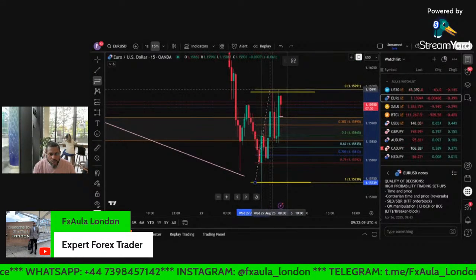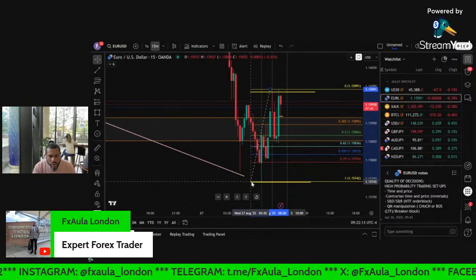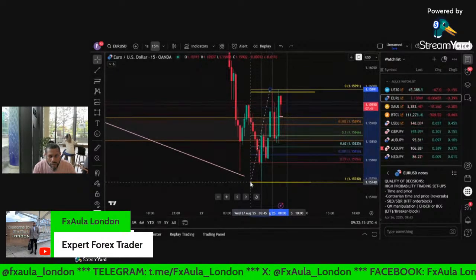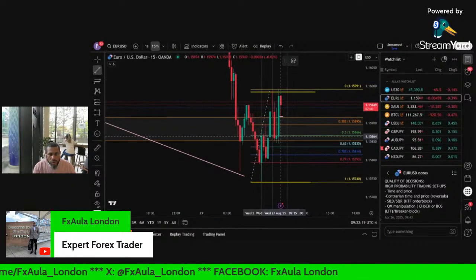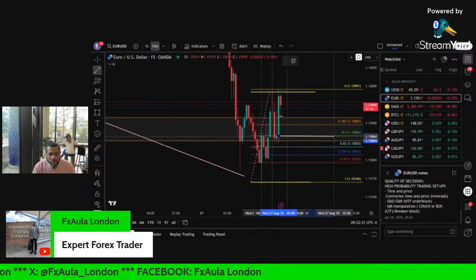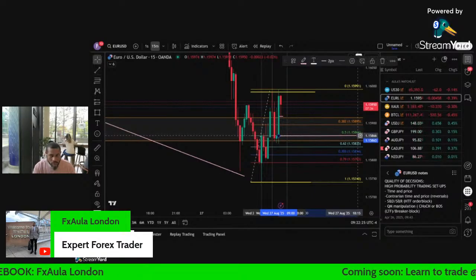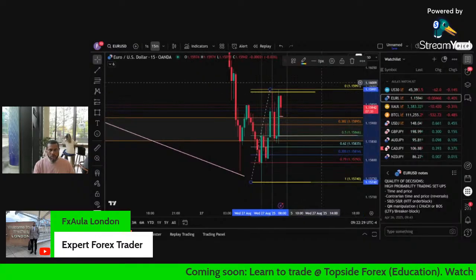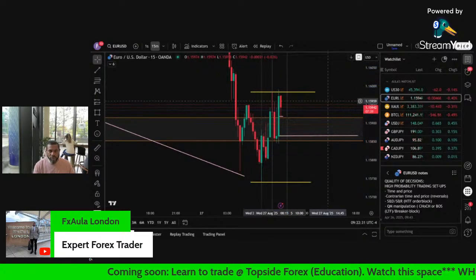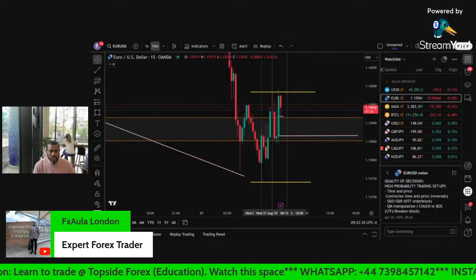Let me denote it just in case, because price can reverse upward from here. Okay, so I've denoted my area. And I go back to the 1 minute time frame.